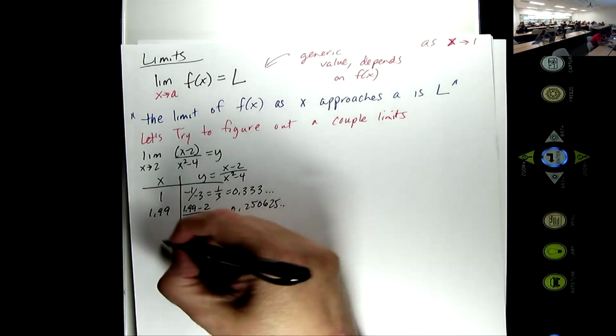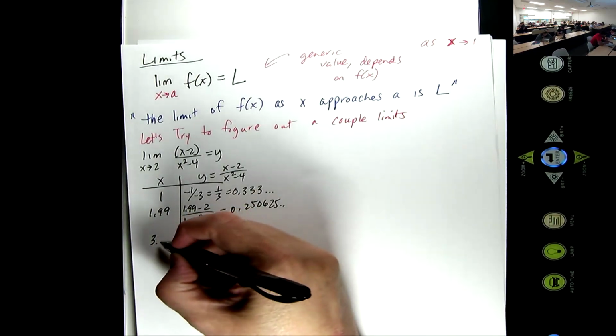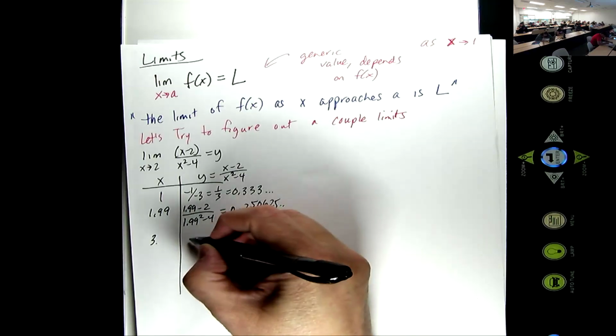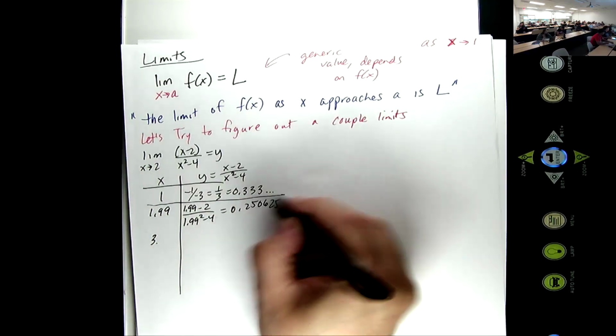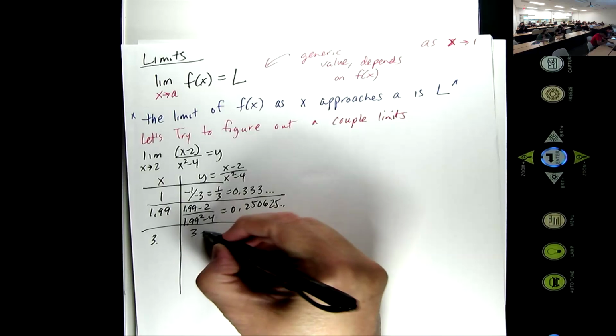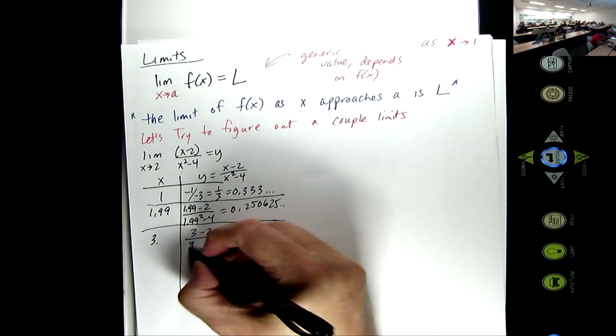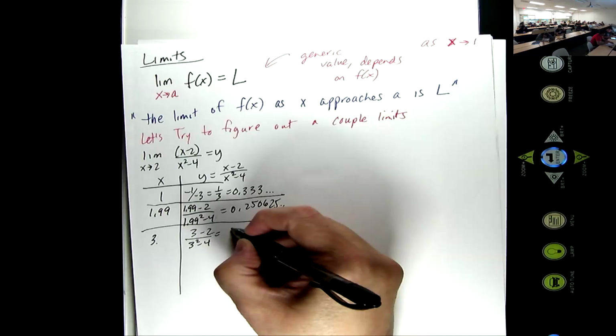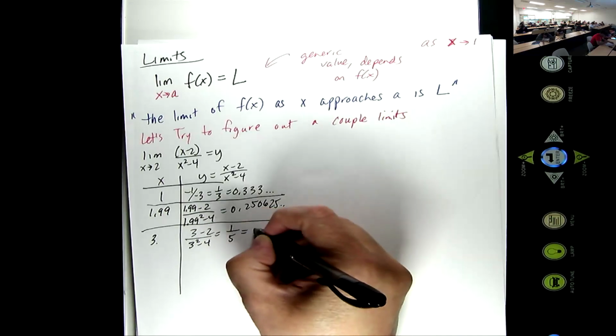Maybe let's come from the other direction, see what it looks like. If I started at 3, 3 minus 2 over 3 squared minus 4, that's 1 over 5, 0.2.